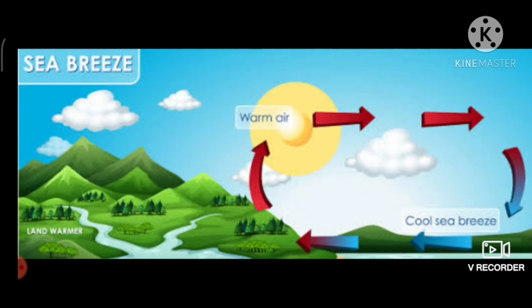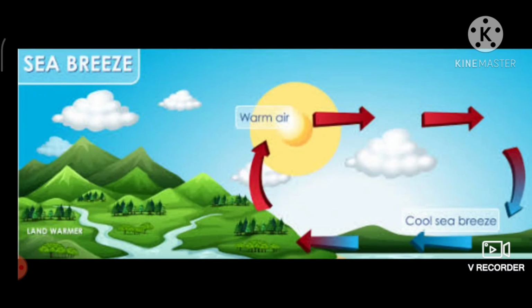Then the warmer air, as it is moving towards the land, is becoming warm. By morning the land will become warm because of the warmer air blown from above the sea, and also due to morning sunlight the land becomes warmer, whereas the water stays cool.